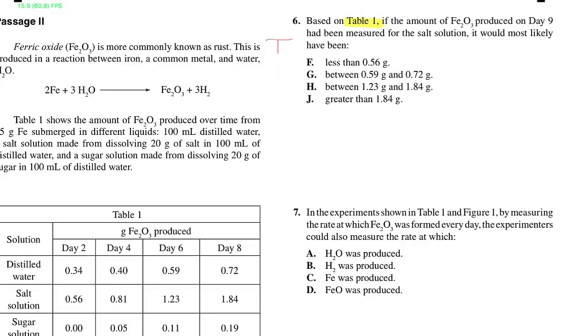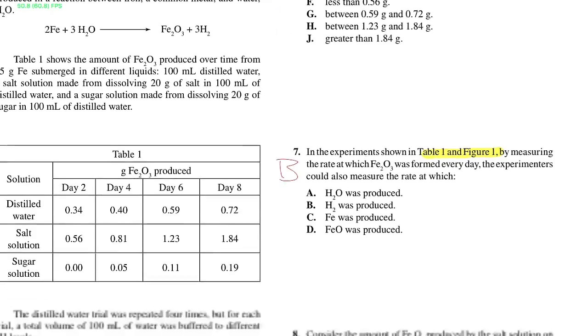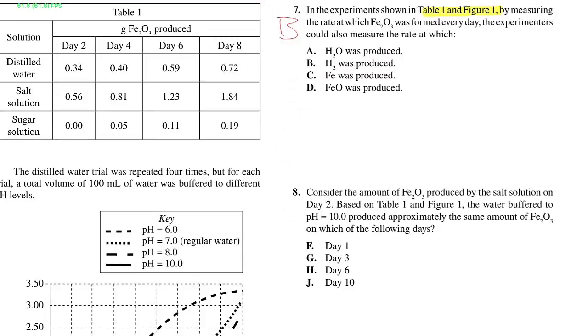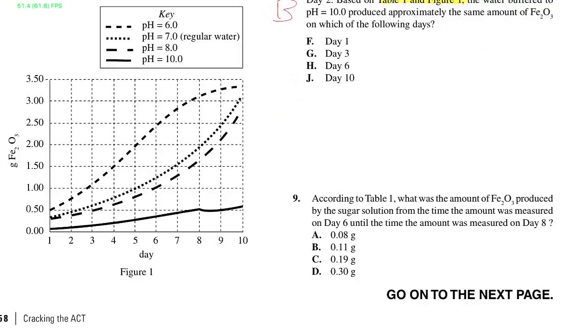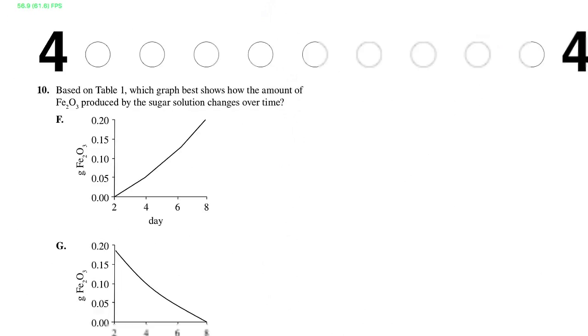The next question is table 1 and figure 1, so I'm going to write B for both. Another one is table 1 and figure 1, so that's B for both. And this one is table 1, so T for table. And then lastly, table 1.